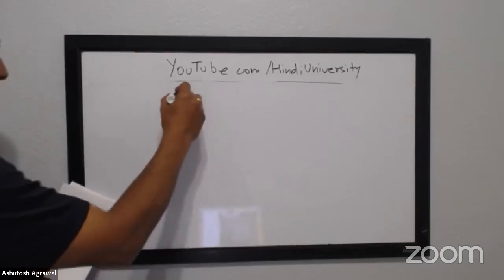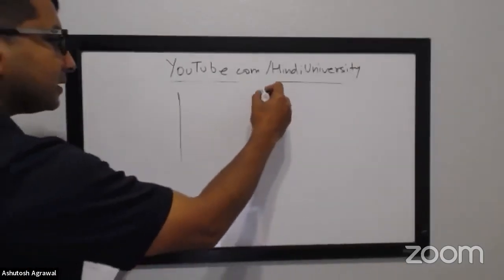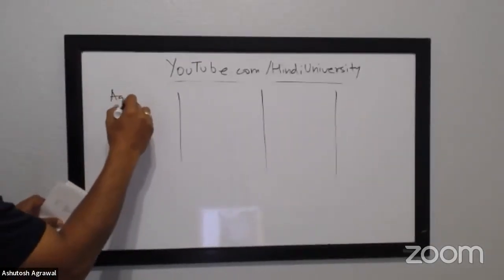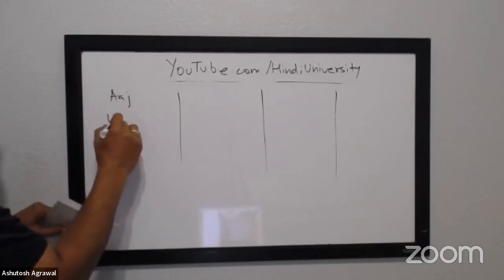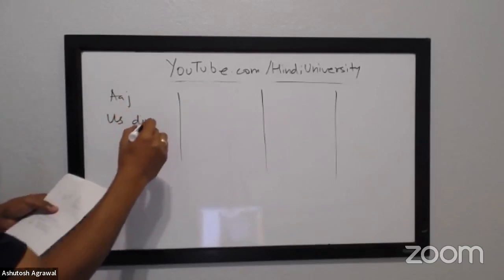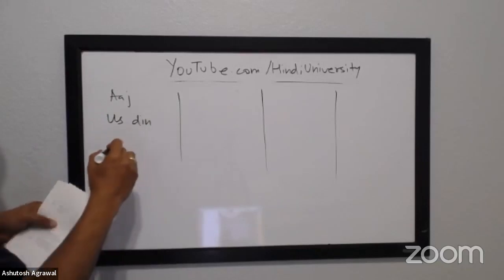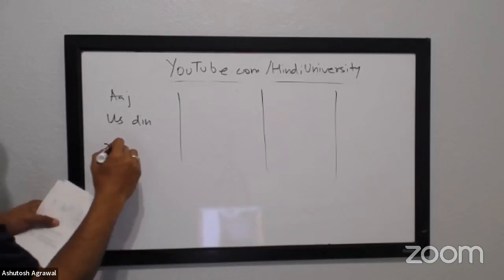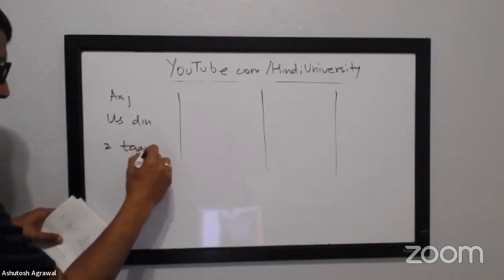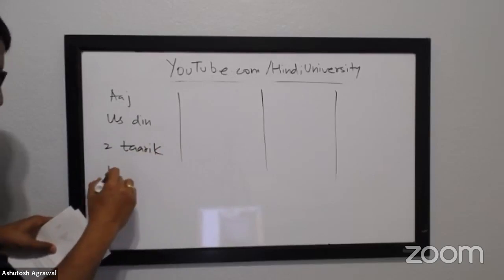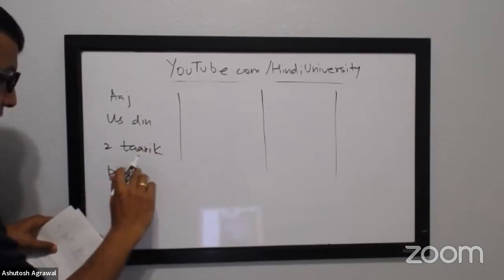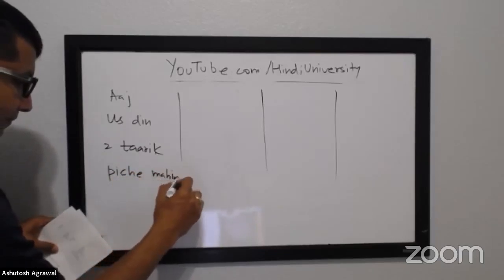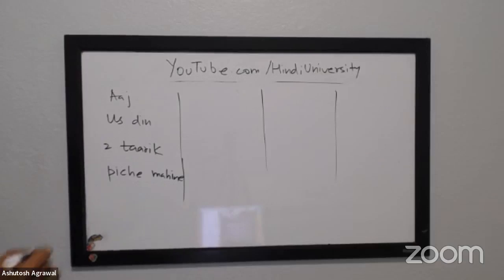So I have some columns here. Okay, so I have आज, उस दिन. You can change it to anything else also. You can say 2 तारीख, पिछले महीने और कल.